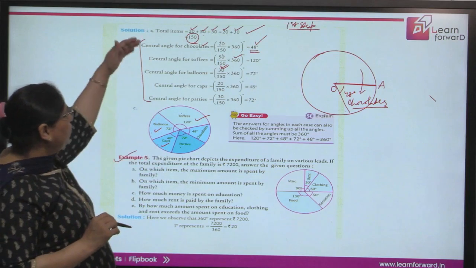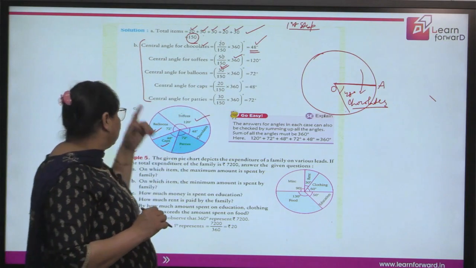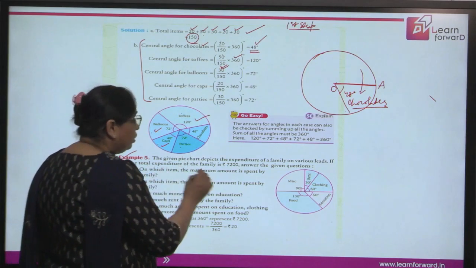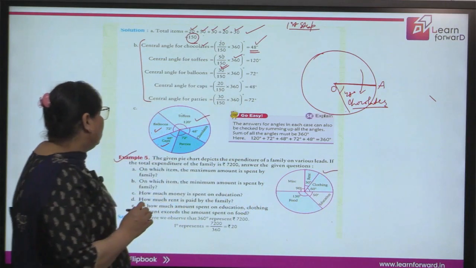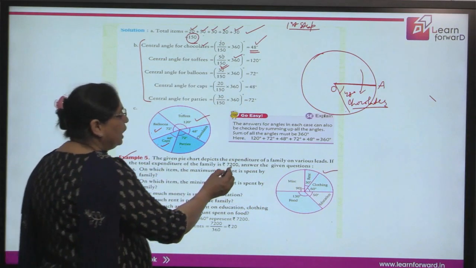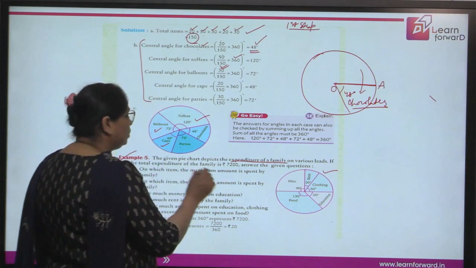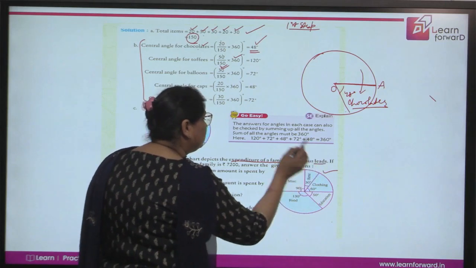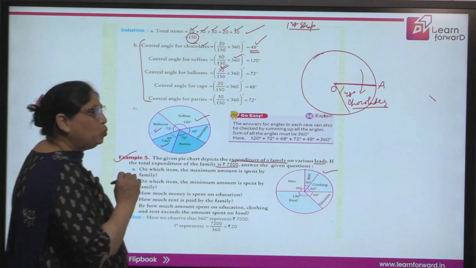As we have done the construction of a pie chart for example number 4, now we will read the graph and answer these questions. The given pie chart depicts the expenditure of a family on various needs, and the total expenditure is 7200.